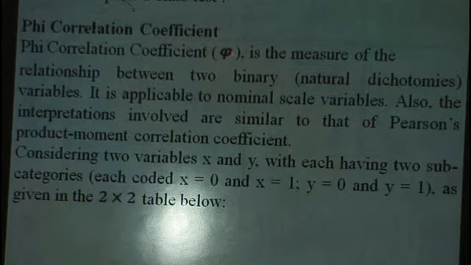It's the measure of the relationship between two binary or natural dichotomous variables. When we say a natural dichotomy, it's a variable that naturally can have two main aspects or two main categories.